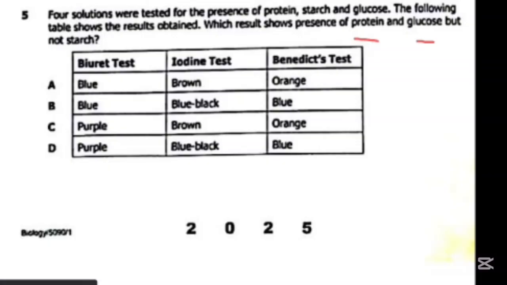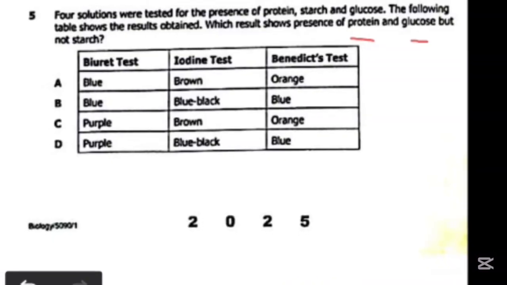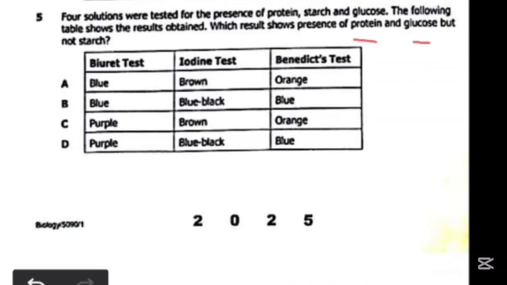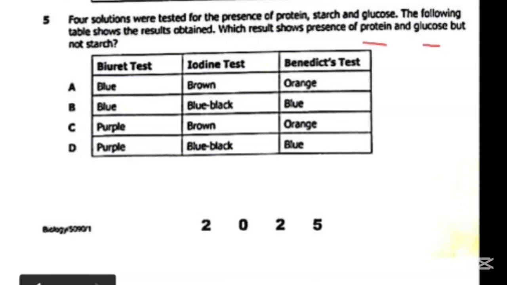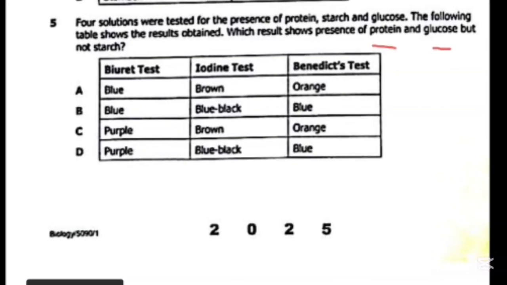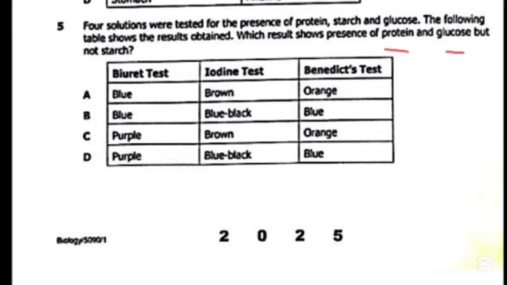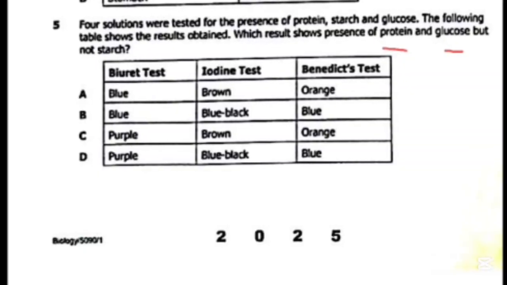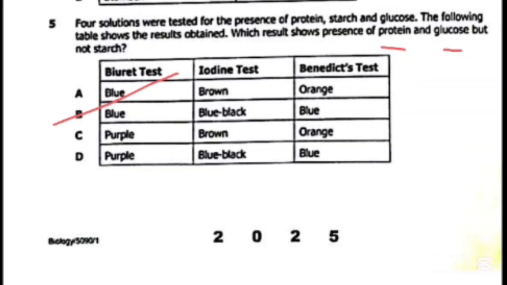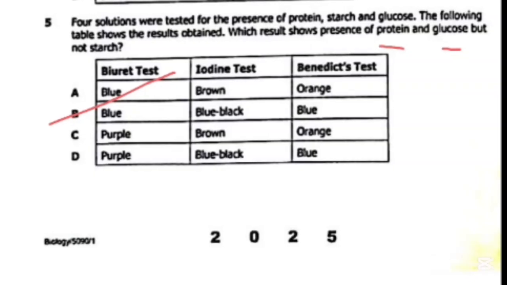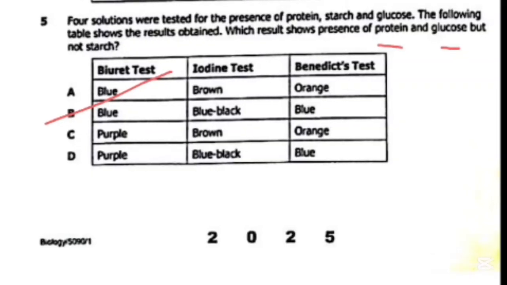Whenever there is presence of proteins, the Biuret test will turn purple. If it's blue, meaning there is absence of proteins. So A and B are already wrong. This is how you can solve MCQs fast. Now we have two answers, C and D.